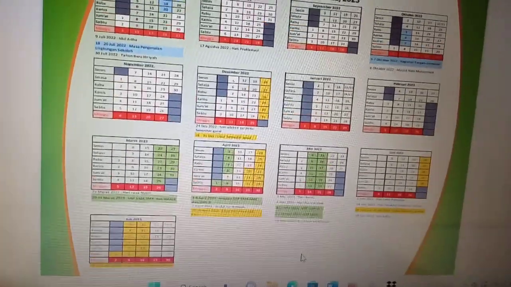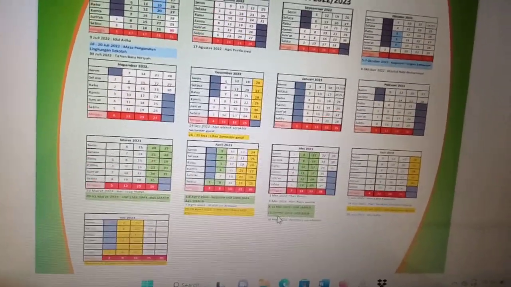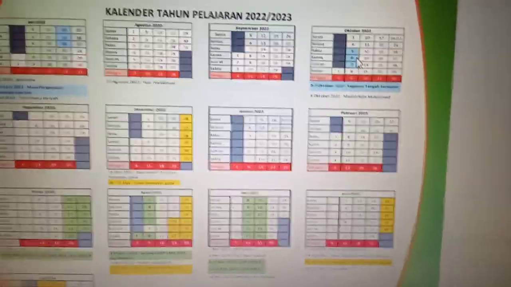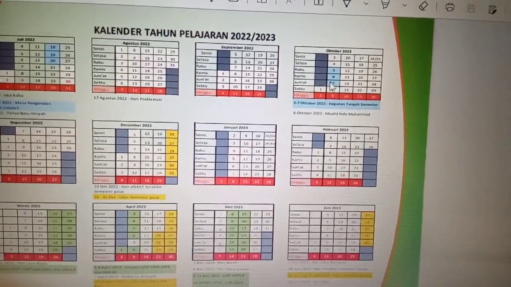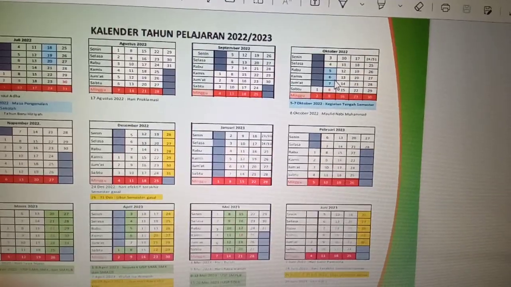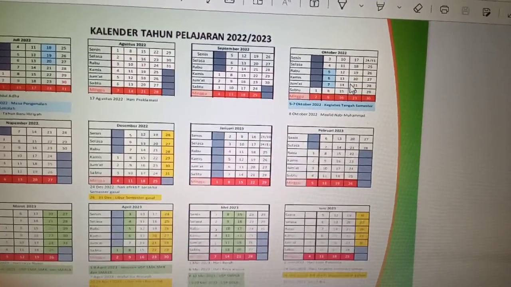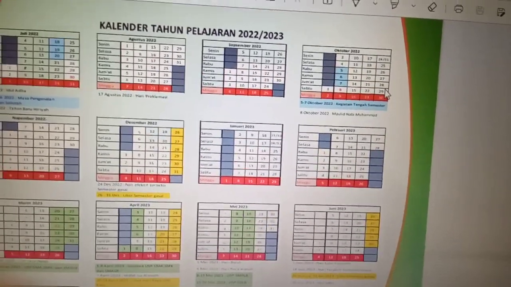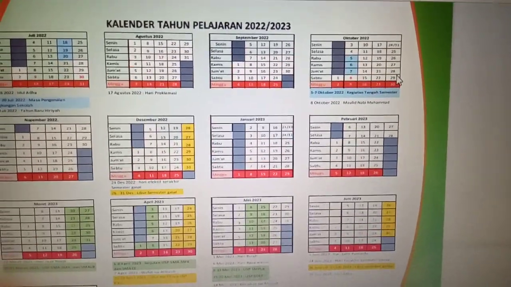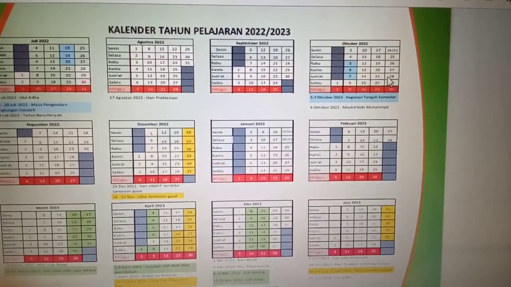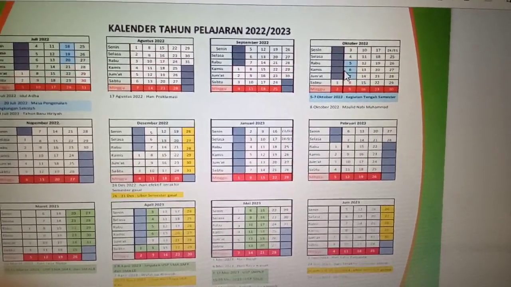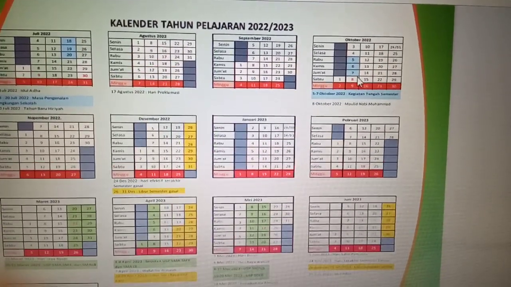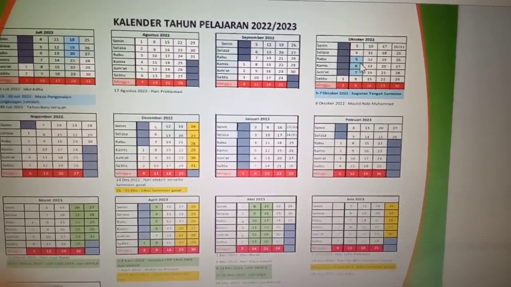So let us continue to the month of October. In the month of October, as we can see here, there are still 4 weeks: 1, 2, 3, 4. But the effective weeks are only 3, because here there are only 2 days, so we cannot count it as an effective week.